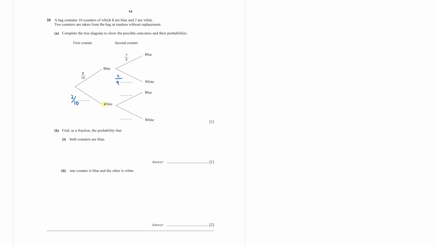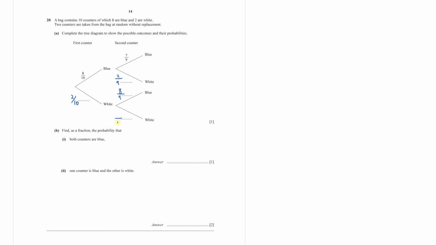Now, if you pick the first one as white, then picking the second one as blue, the denominator would again be 9, since there are 9 remaining counters in the bag. If you pick the first one as white, there are still 8 blue in the bag, so the probability of picking a blue would be 8 over 9, 8 blue out of the 9 remaining.